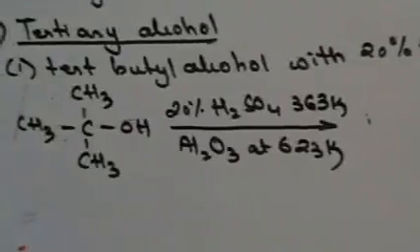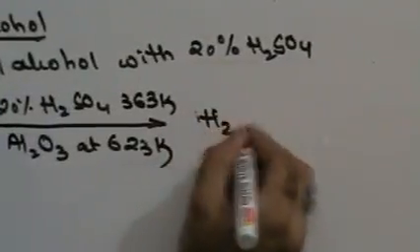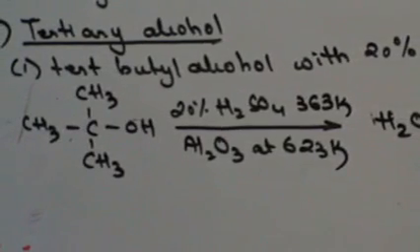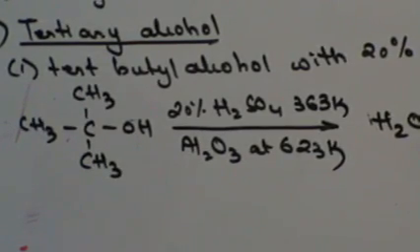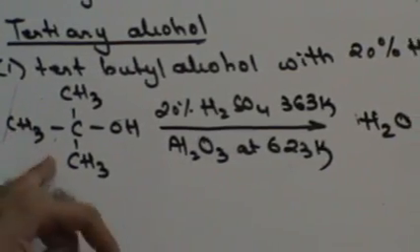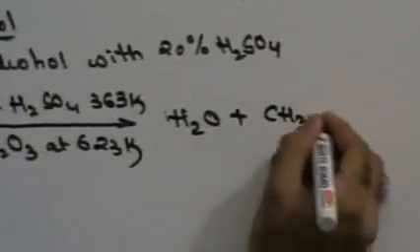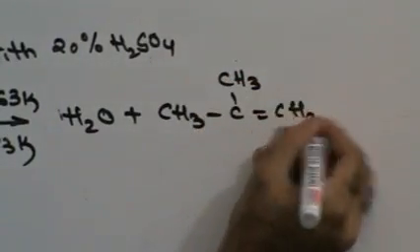Right? Same, you would have a dehydration reaction, you will have a water molecule coming out. Once water is out, since it's a symmetrical compound, from wherever I remove hydrogen, it will not make a difference. In the case of sec butyl alcohol, it was an asymmetrical compound. That is the reason why I had to apply Saytzeff's rule. This is a symmetrical compound. From wherever I remove hydrogen, it doesn't make a difference. So in that case, this will be CH3, CH3, CH2.